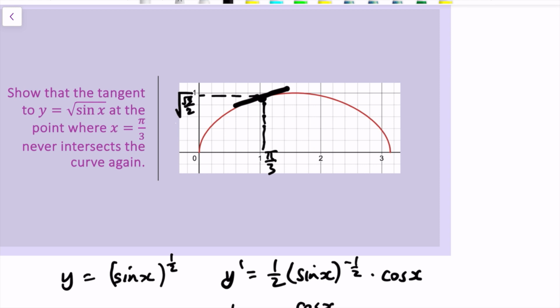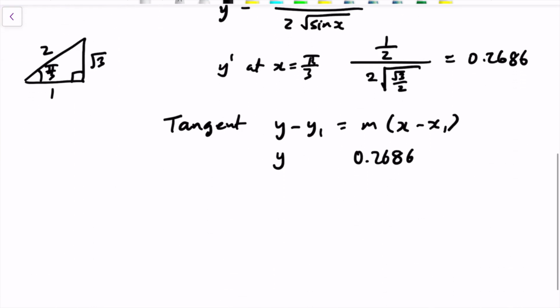Okay, so let's work out what that one is. Root 3 over 2, square root it again, 0.9306. So we've got y minus 0.9306 equals m times x minus pi over 3.